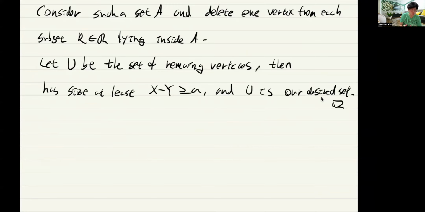By using this, we achieve that certain subsets are more likely to be included in U than some other sets. And by using this lemma, we can prove some theorems regarding extremal numbers. And I will talk about that in the next video. Okay, I'll see you in the next video.